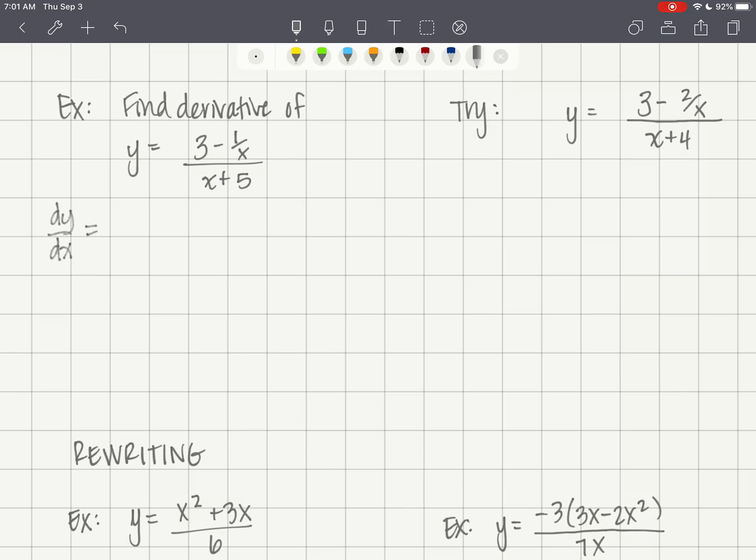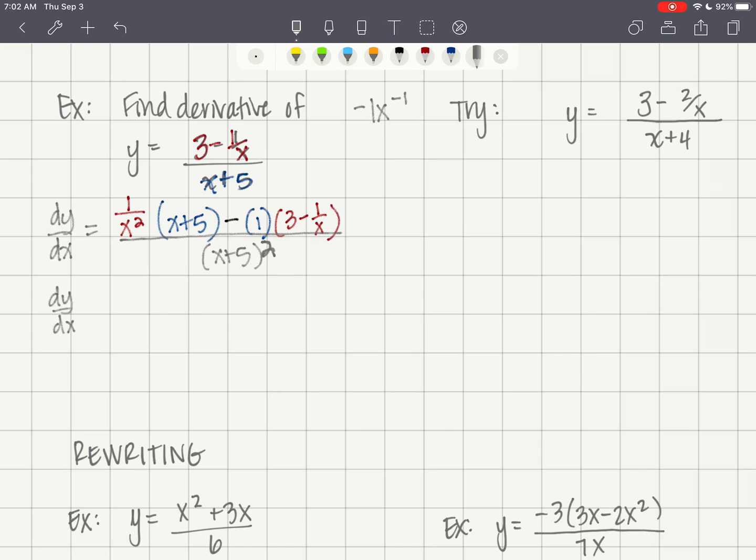So dy/dx: the derivative of the numerator, negative 1x to the negative 1, is positive 1 over x squared, times the denominator, x plus 5, minus the derivative of the denominator, which is 1, times the numerator, 3 minus 1 over x, all over x plus 5 quantity squared.